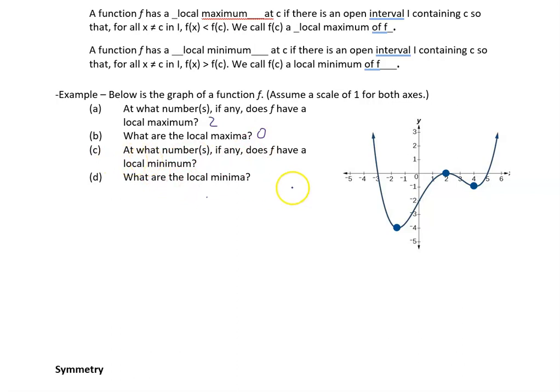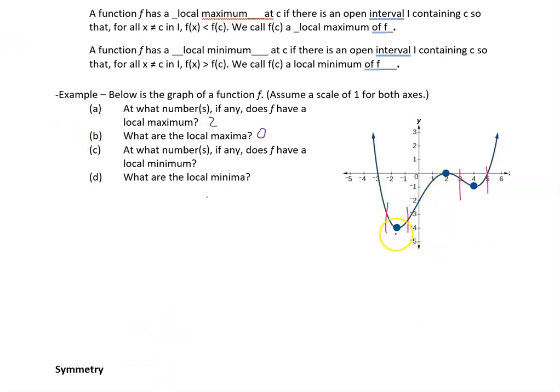What about the minimums? Well, remember that minimums are given by basically valleys. So we have two in this case. We have a valley here. If I were to break off this interval, that would be a valley. And then if we were to break off this interval, this would also be a valley. So we actually have two different numbers or locations where we have a relative or local minima, and then we'll have two values for our minima.